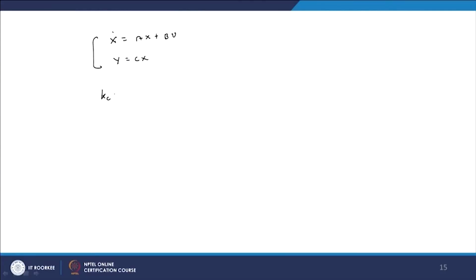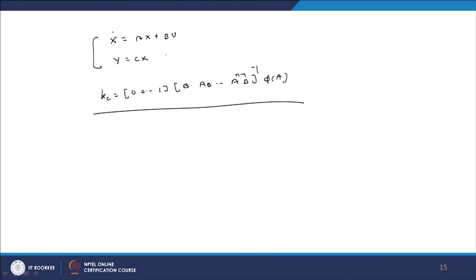The Ackermann formula says the controller Kc is equal to 0 0 0 1 times the inverse of the matrix B, AB, up to A raised to n minus 1 B, times phi of A. So, this is the controller for this state space model, and now here we are taking the dual system.